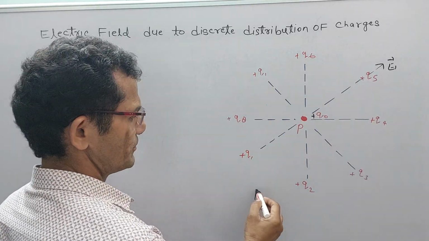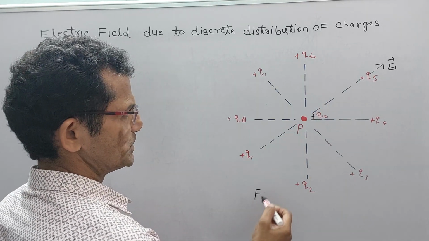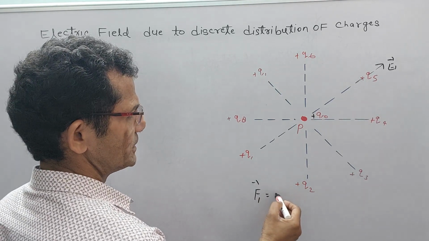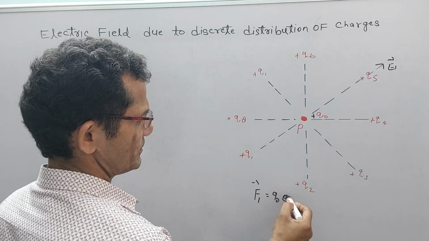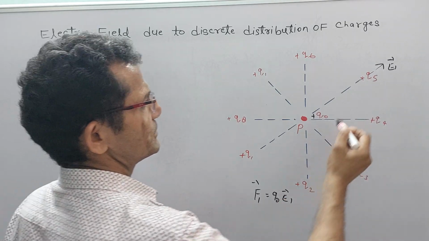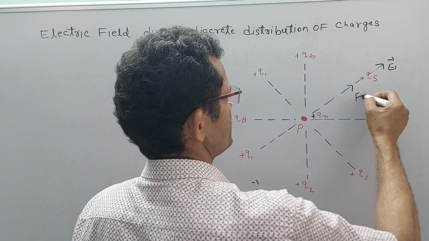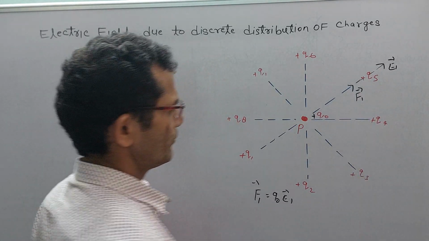The force on Q0 due to Q1 will be F1 is equal to Q0 into E1 vector. So the force will be along the direction of E1.